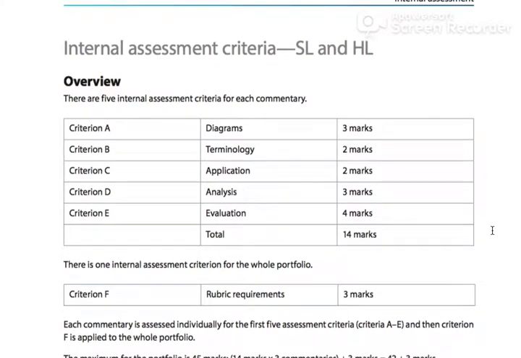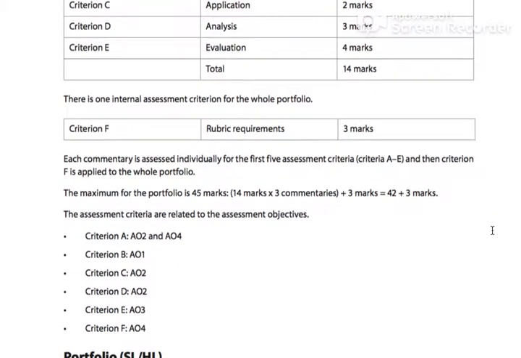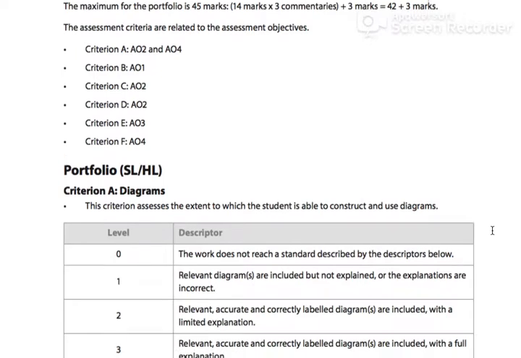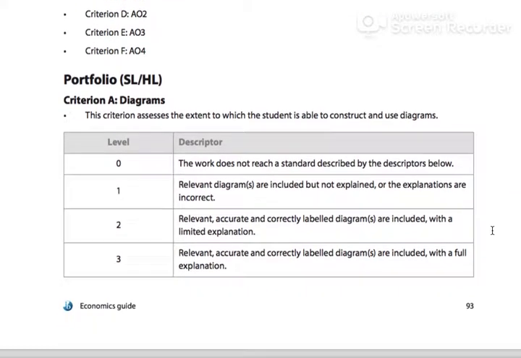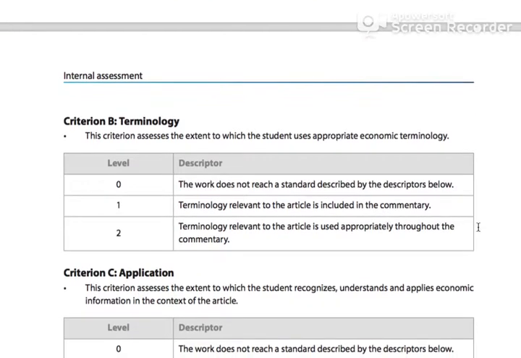Here, as I mentioned before, are the 5 criteria, your assessment criteria, which adds up to 45 marks. And each descriptor, so your diagram should be relevant, accurate and correctly labelled. Again, it says diagrams. Generally 2 would be a suitable amount, with full explanation for 3 marks there.